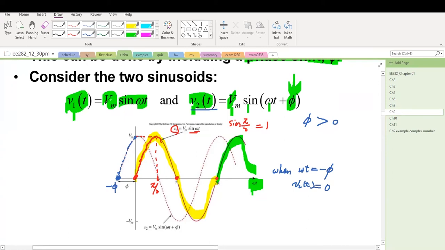At t equals 0, v2(t) equals sin φ. Depending on the value of φ, it looks like this graph, where φ equals π/2 because it has the value Vm here, and then it follows the shape of the sinusoidal wave.